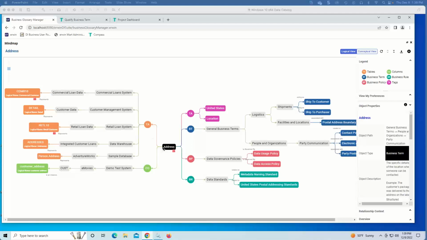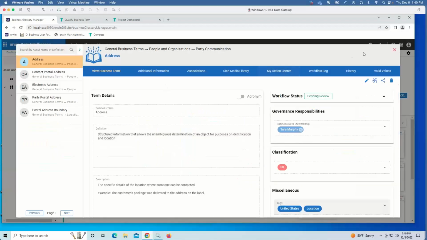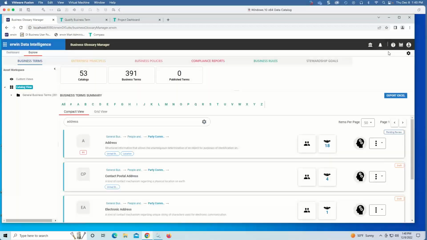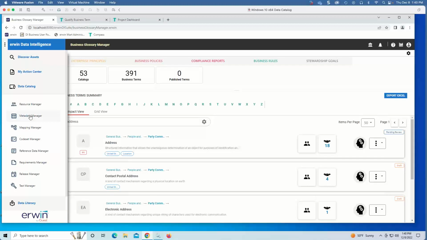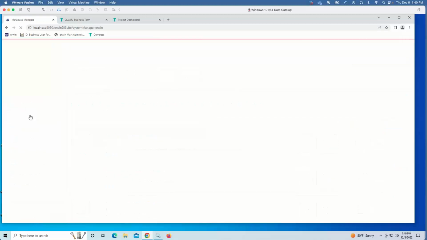Yes, it's true, I know address can be found here, but what I really want is a more detailed audit trail of this information. So there's a section in the Data Intelligence Suite, which is called the Metadata Manager. So the Metadata Manager has all kinds of information about lineage and impact analysis.